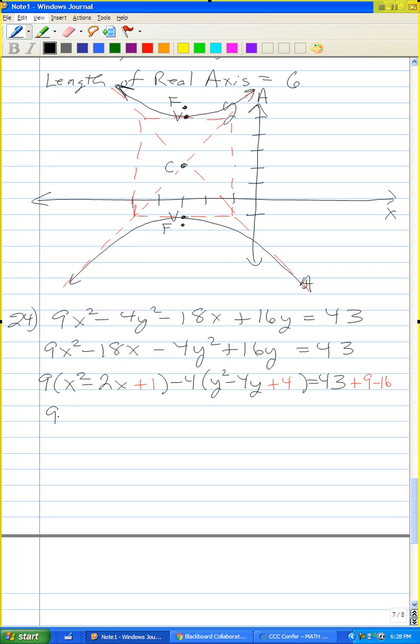And so I get 9 times x minus 1 quantity squared minus 4 times y minus 2 quantity squared equals 36. Divide both sides of my equation by 36.